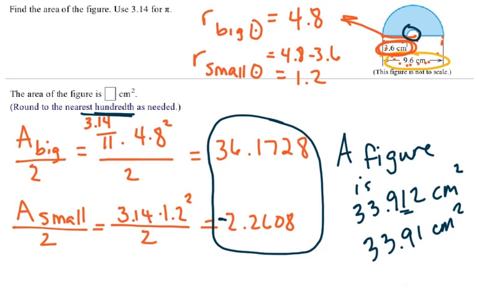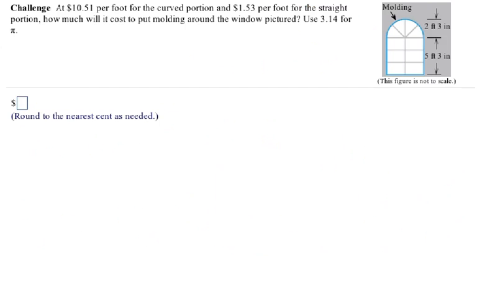Alright, and then we have one more, and this is without a doubt a challenge problem, so I will walk you through how to get the answer here. So it says that it costs $10.51 per foot for the curved portion of the molding, and molding is put around figures. So the molding goes where the blue is in the diagram.